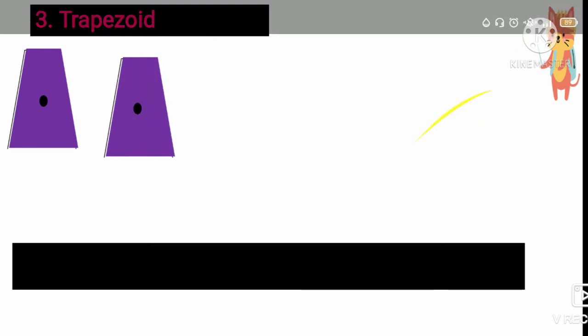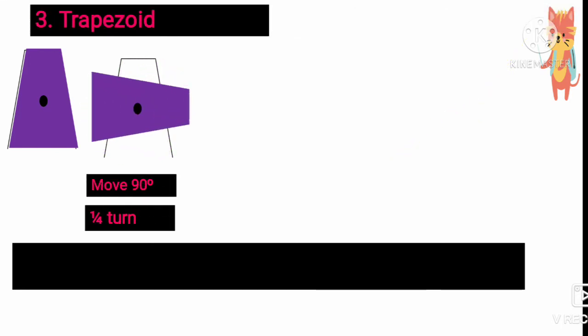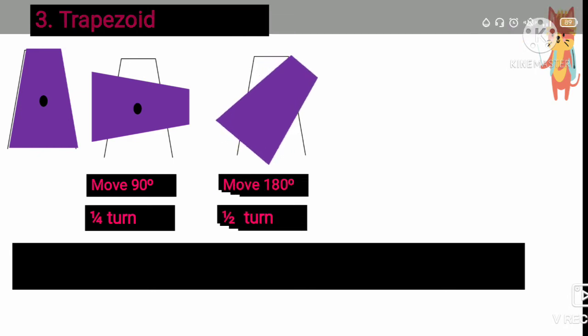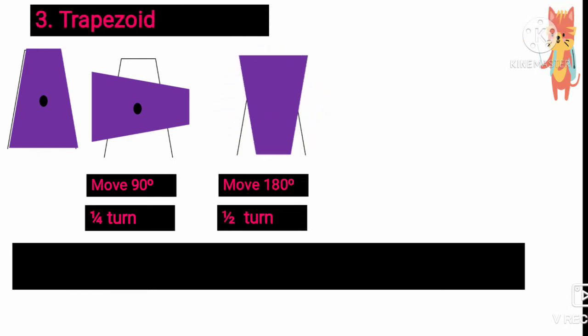Now the third, we learn about the trapezoid. Look at this. If we move the trapezoid 90 degrees, does it fit exactly? No, 1 out of 4 turn does not fit exactly, so we cannot count it. So what about this? It moved 180 degrees. It is a half turn, 2 out of 4 turn.